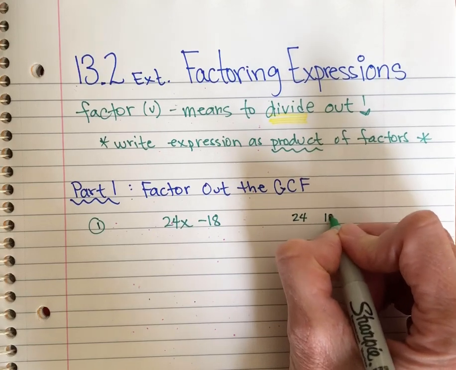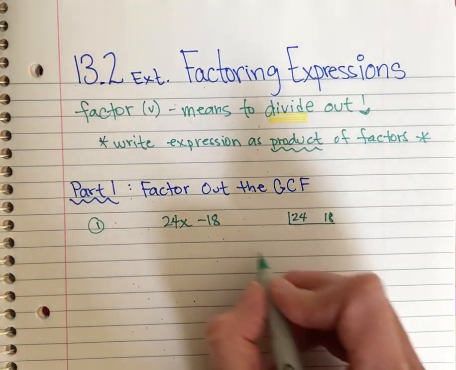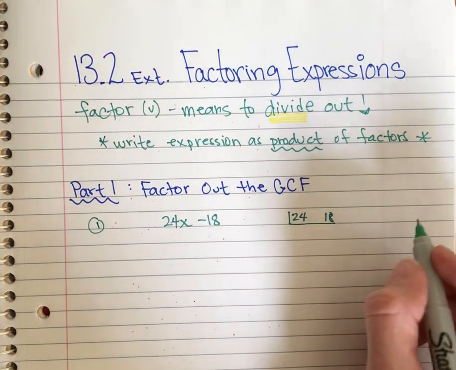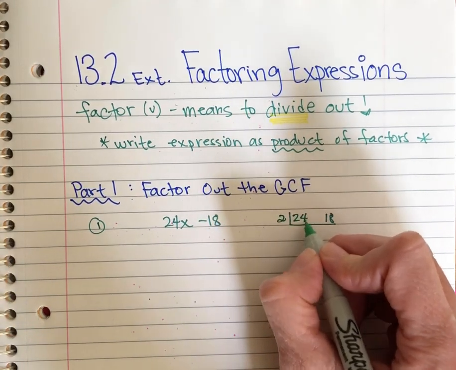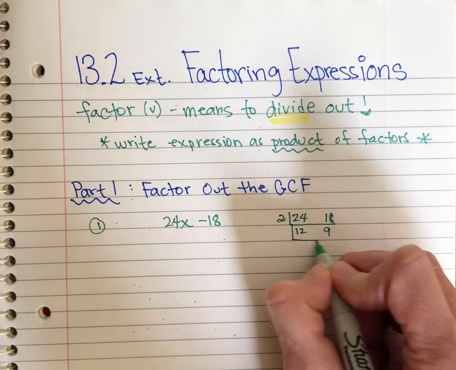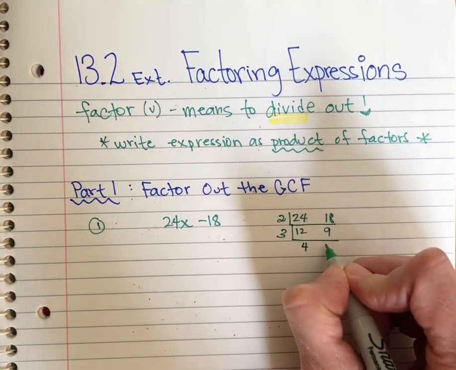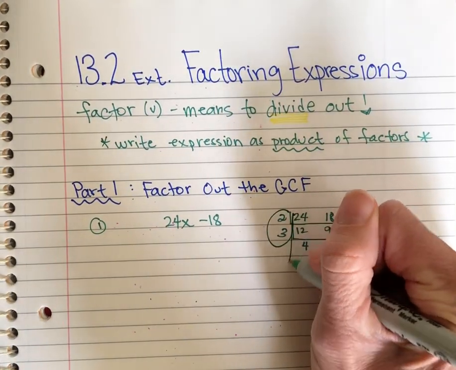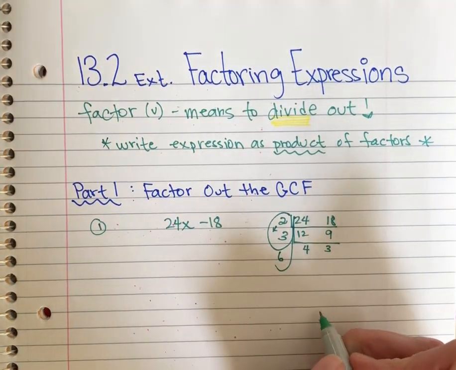If you don't know, you can use your prime factorization or your ladder method to determine what the greatest common factor is. So it might look something like, oh, both of these numbers can be divided by 2. 2 into 24 is 12. 2 into 18 is 9. Oh, 3 goes into both of these numbers 4 times and 3 times. We draw our G and we multiply those to find our greatest common factor as 6.